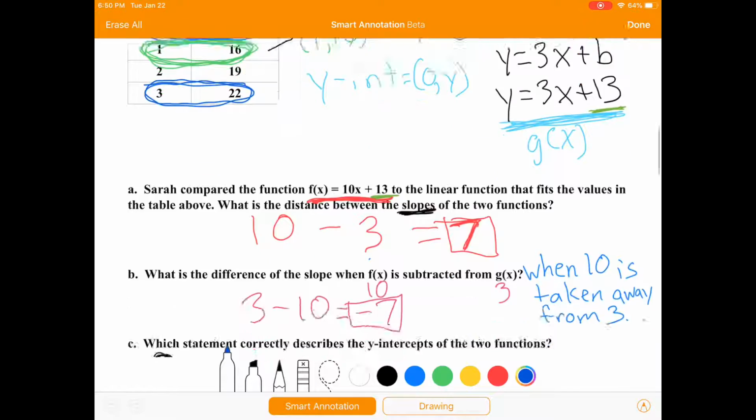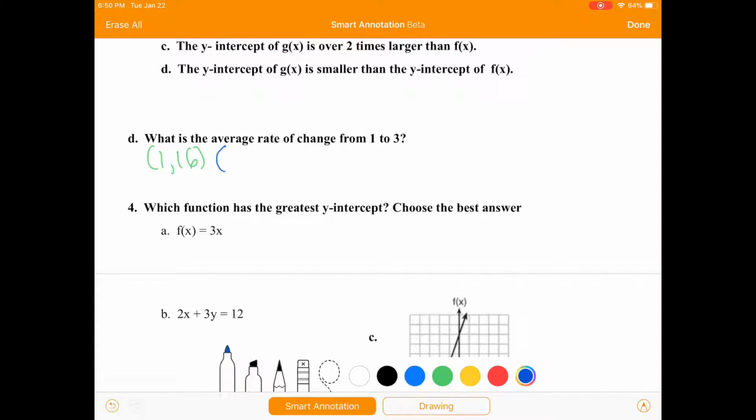And our 3 was 22. So I'm going to find the slope, or the rate of change. So 22 minus 16 divided by our 3 minus 1. And when you do this, you're going to get positive 3.